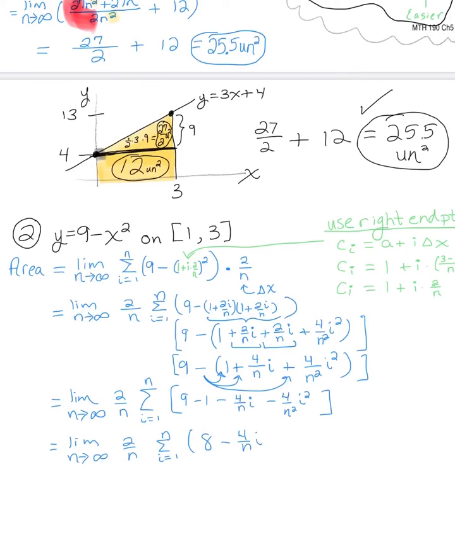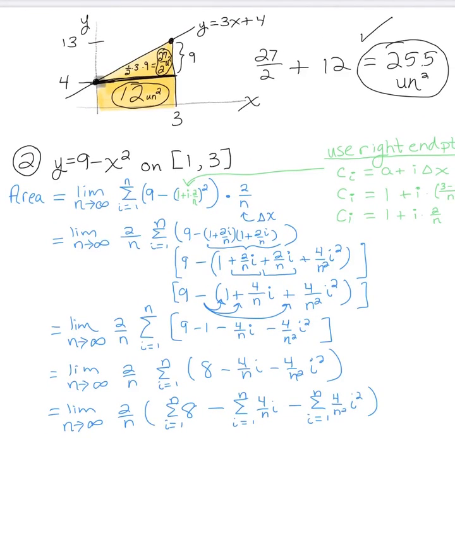All right, and so now we are down to being able to apply our properties of sums, and take the sum term by term. So let's take a look at that. Limit as n goes to infinity of 2 over n times the sum as i goes from 1 to n of 8, minus the sum as i goes from 1 to n of 4 over n times i, minus the sum as i goes from 1 to n of 4 over n squared times i squared.